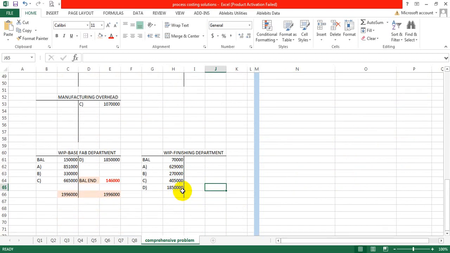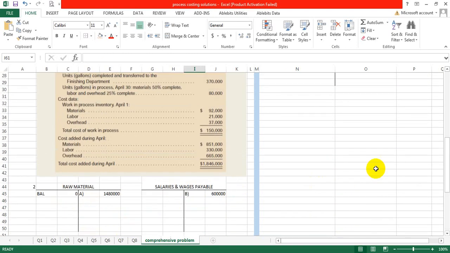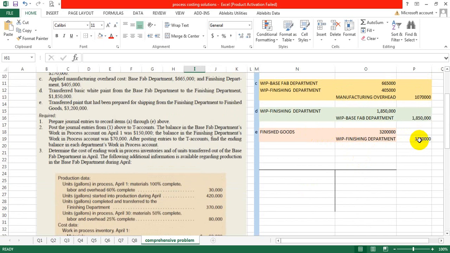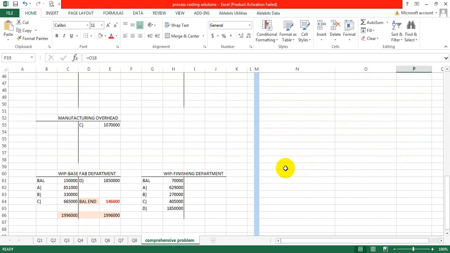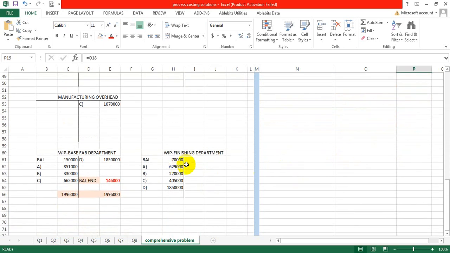Okay, now calculate the ending work in process, right? WIP finishing is here with the amount of 32 lakh. It means we need to credit it with the value of 32 lakh, right? Okay, now we will calculate the balance at end, as we have done for the base fab department, and now we will do it for the finishing department.